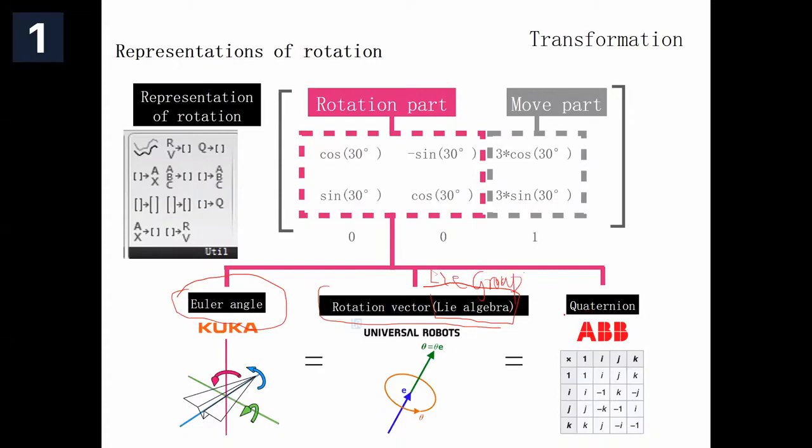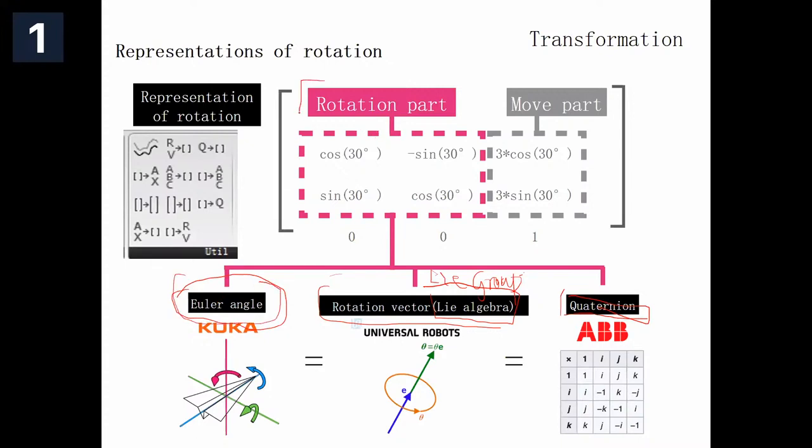And the quaternion and the rotation vector are not so easy to comprehend, and this Euler angle is easy to.